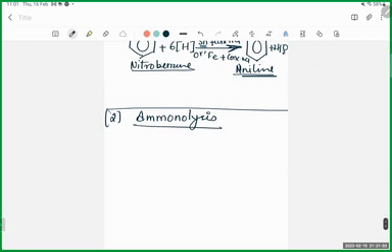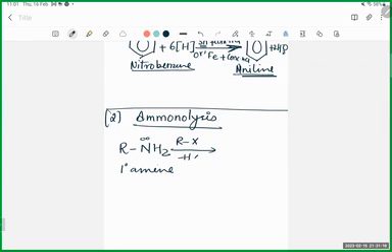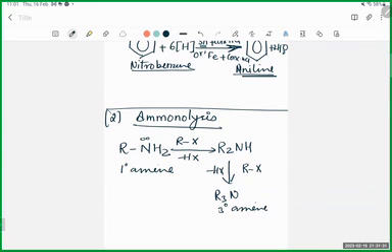It means ammonia will form first the 1 degree amine, RNH2. This is called 1 degree amine. The 1 degree amine will be treated with the haloalkane and HX will come out, and this forms R2NH, right? Similarly, again haloalkane will be treated, HX will be moved out, R3N will be formed. This is 2 degree amine, and this is 3 degree amine.